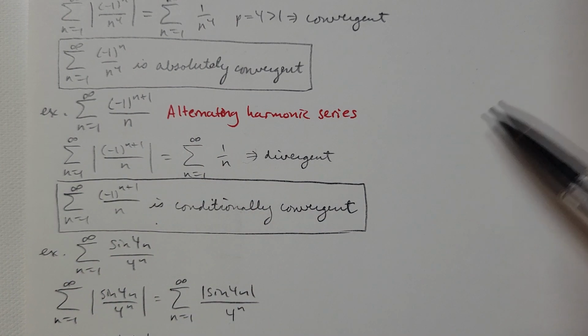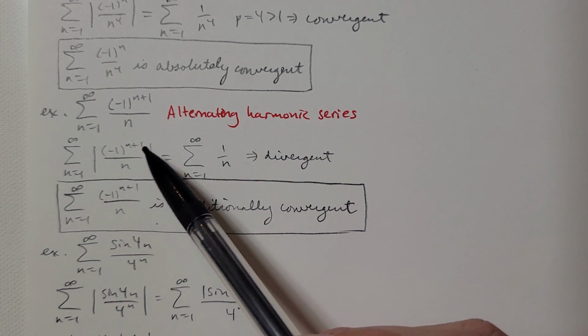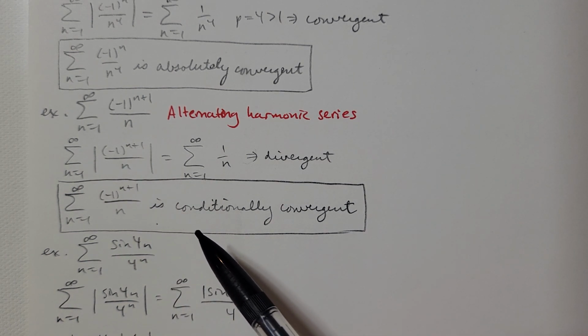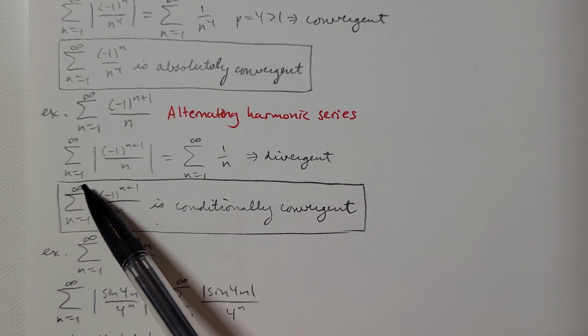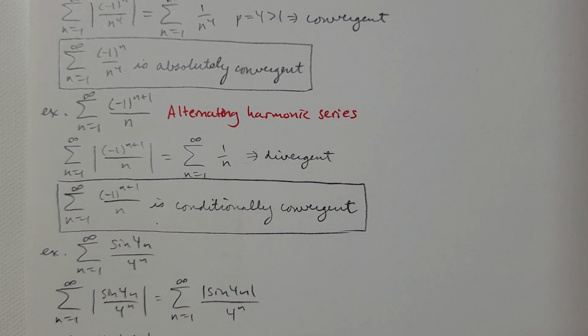Now, the next question is, is it absolutely convergent? Let's throw absolute value bars around the sequence part. I've got the sum as n equals 1 to infinity of the absolute value of negative 1 to the n plus 1 divided by n.